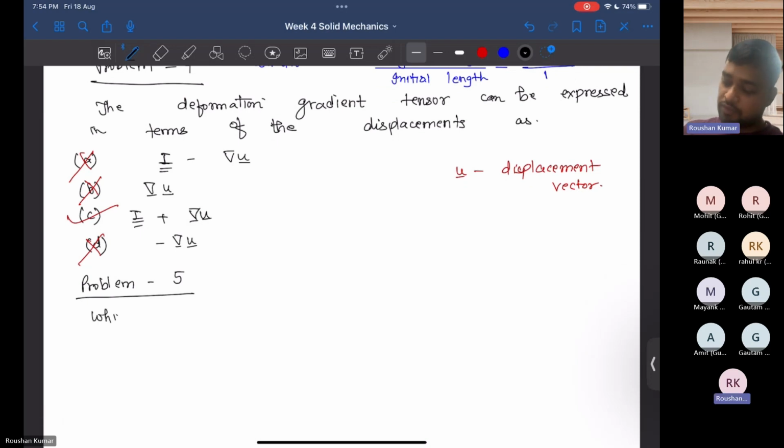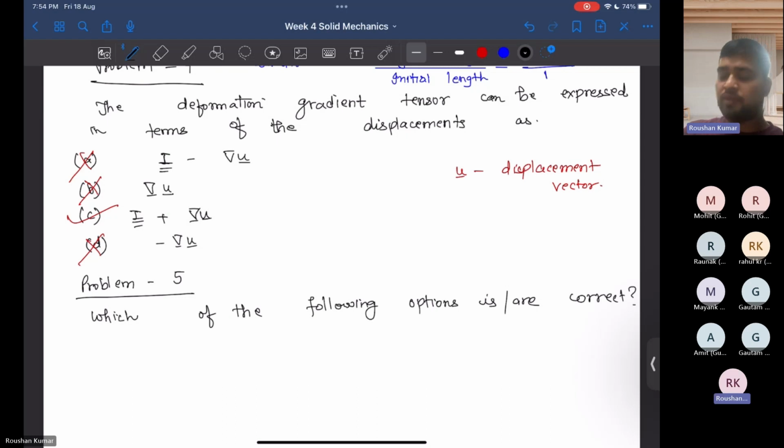Which of the following options are correct? That means there may be more than one correct option. Maybe only one is correct, or maybe all of the options are correct, or maybe only two or three are correct. So what are the options here?